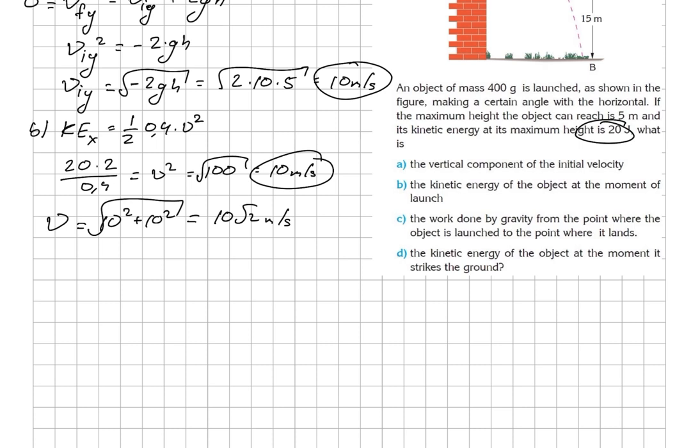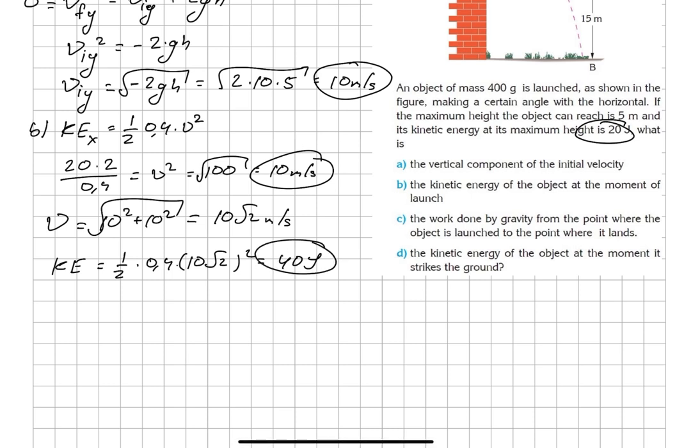Now we can use it to define the initial kinetic energy, which is equal to 1 over 2 times 0.4 times (10 root 2) squared. So it will be equal to 40 joules.